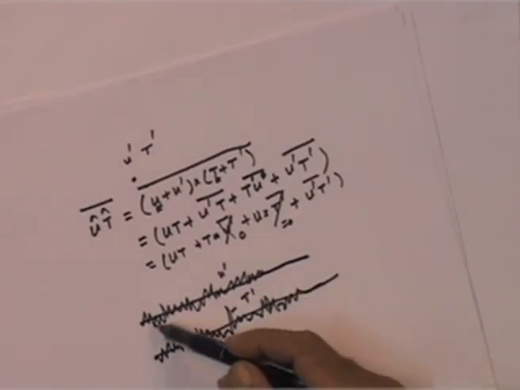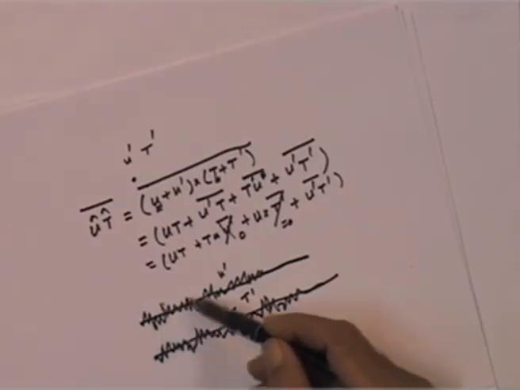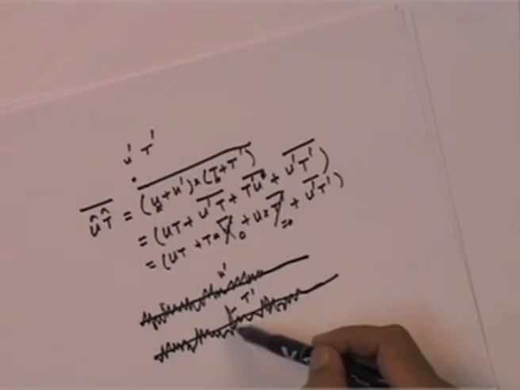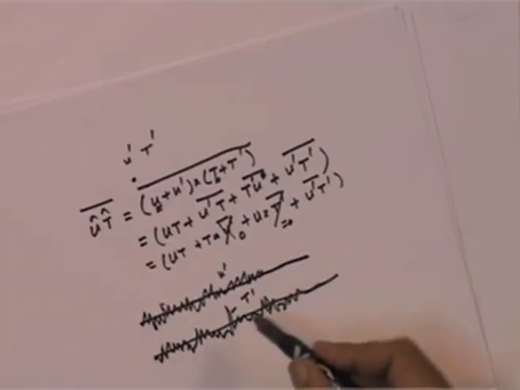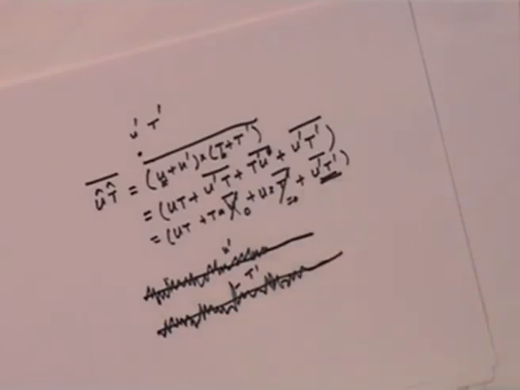You can see the product of u dash and t dash may be negative, it may sometimes be positive, it may be anything, but it will never be 0 even after the product has been time averaged. And therefore, the time averaging of u dash t dash will not be 0. It may be 0 sometimes, but very often it may even be positive, it may even be negative, and so on and so forth.